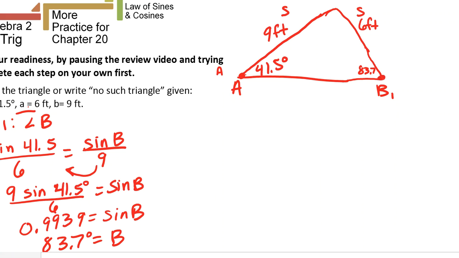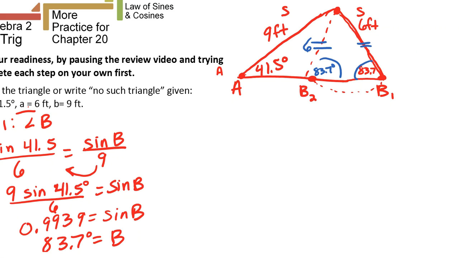And here's our situation where I said, think of this side as if it were a string. Can you take that string and swing it around like a pendulum to come up with an isosceles triangle? So these two sides could both be 6s. And if this angle is 83.7, then so is this angle 83.7. So now there is an angle B2.